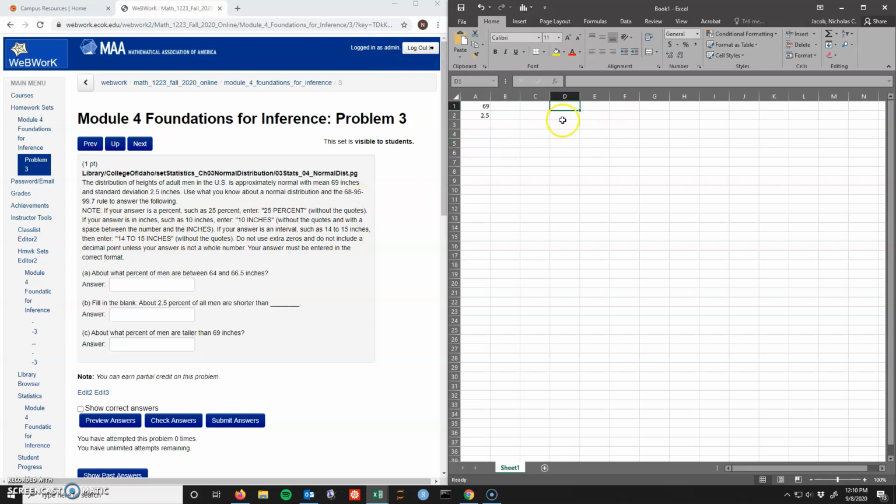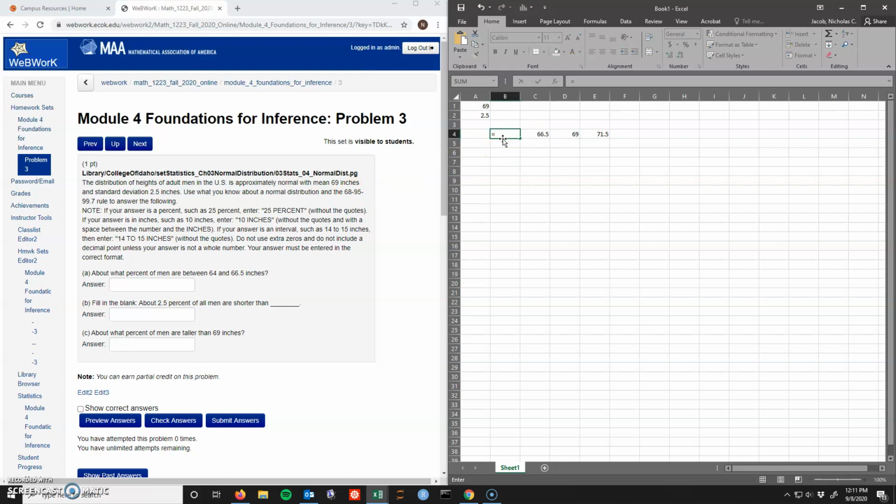So what we'll say is that the middle is that 69. If we go down or up by one standard deviation, we'll hit a special spot, and within here would fall 68% of the probability.